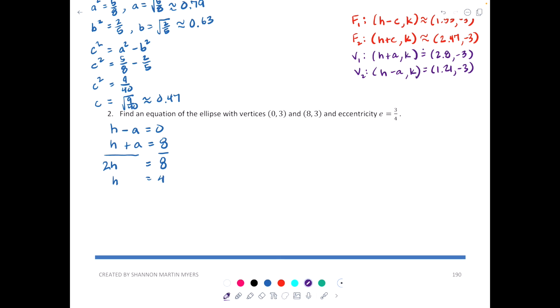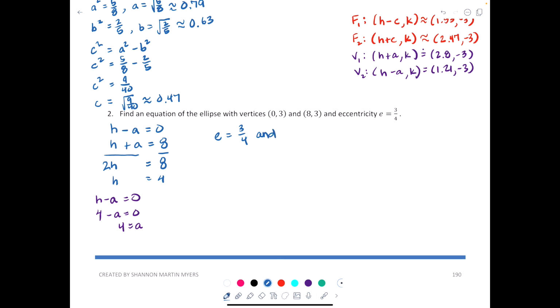Now back substituting, I'll do the H minus A is 0. We have 4, plugging in for H, minus A is 0. And it looks like we'll get 4 is A. So A and H are 4. All right. Now, what else do we know? We know that our eccentricity is 3/4.